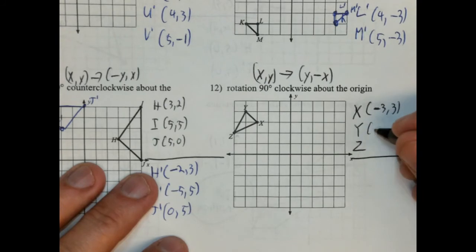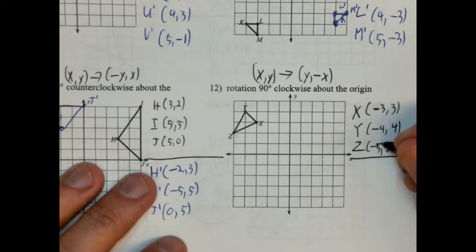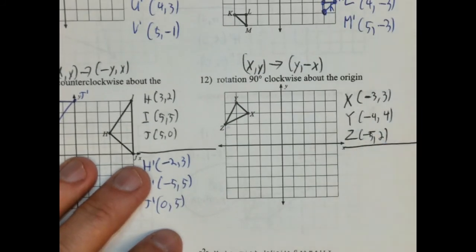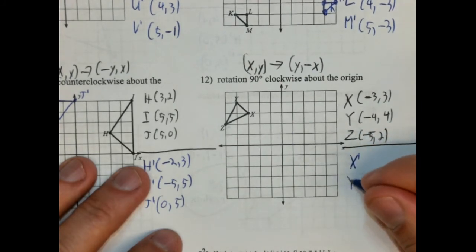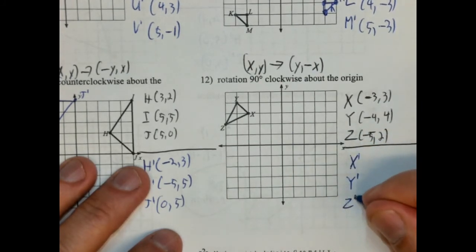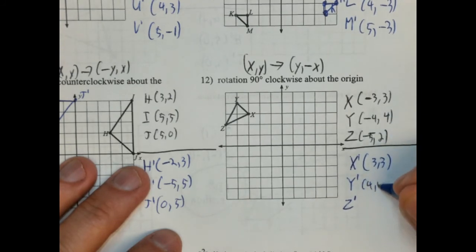Y is going to be negative 4, positive 4. And Z is going to be negative 5, positive 2. Okay. So we have X prime, Y prime, and Z prime. So X prime, let's see, this is going to become 3, 3. This will become 4, 4. And this will become 2, 5.